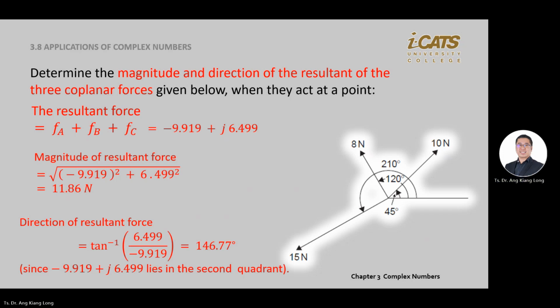With this, the magnitude of the resultant is 11 and the angle is 146.77. Why is this in the second quadrant? You know why this one is in the second quadrant?